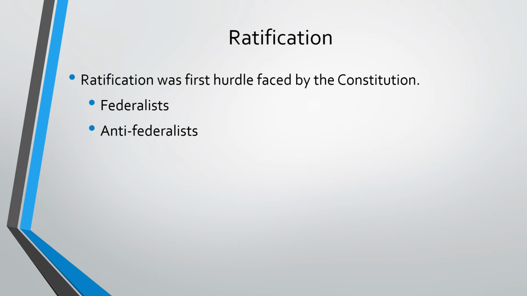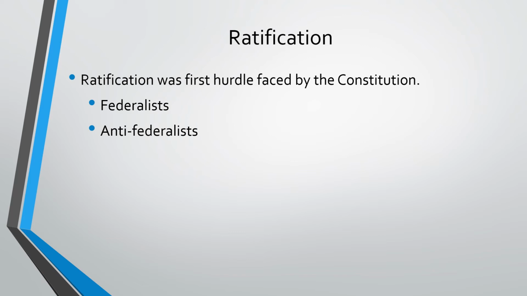So the three of them wrote essays and these pamphlets, and they tried to convince the people that they should support the new Constitution. Well, there's two sides to every story, and of course there were anti-federalists. The anti-federalists favored strong state governments and a weaker national government, the concern being that we would be back under the type of rule that we had when we were a British colony.